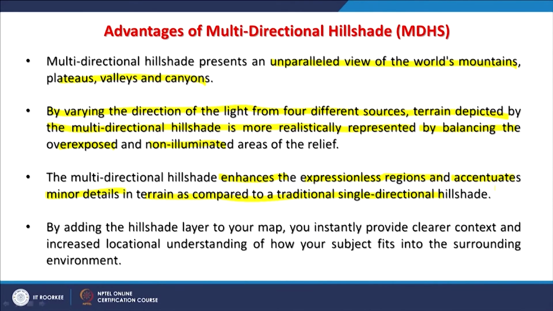And by adding this hillshade layer to your map, as I have been discussing, your presentation becomes very convincing, very clear. I gave the example of the San Andreas Fault or Bhuj or Kutch region, and instantly people will feel very convinced and they may show very much interest, and it provides a clear context and increased local understanding of how your subject fits in the surroundings.